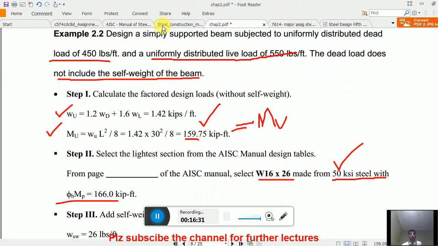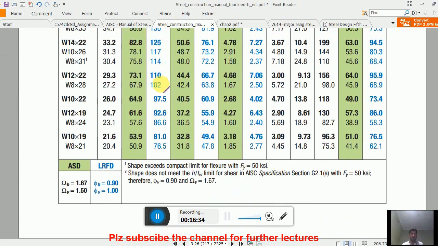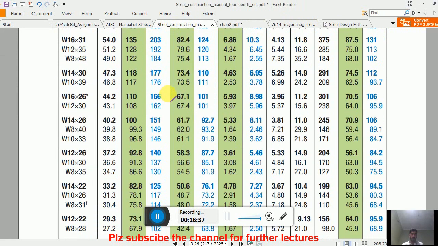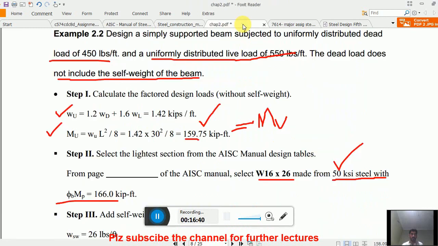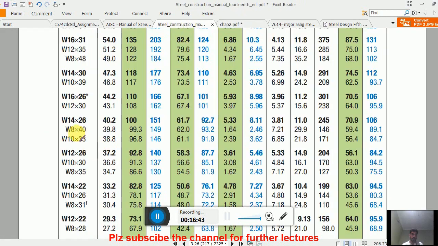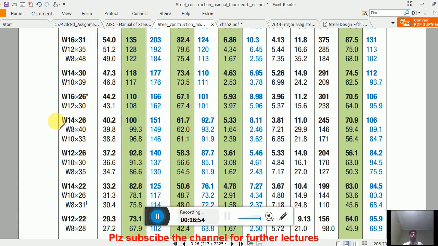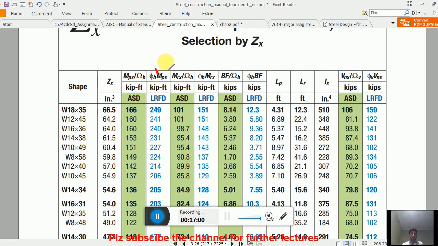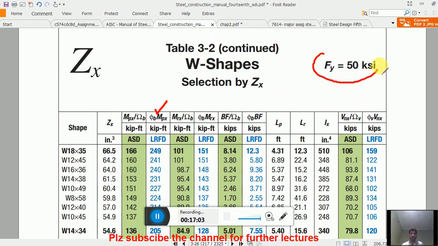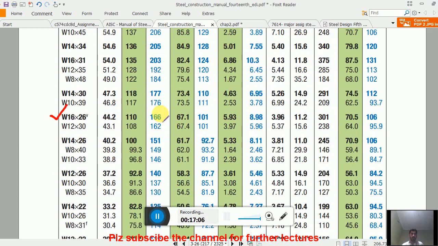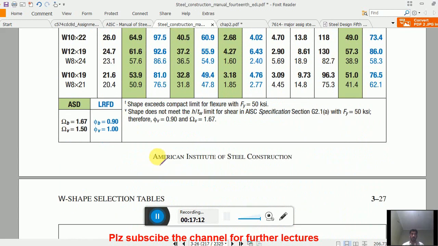So in the ZX table, if you search this section, that is the W16x26 section, which is just in front of me, where it is 16x26, yes, 16x26. So 16x26 is this section, and you see the capacity of this section. Make sure you are in this table. You see the capacity is this one, 166.